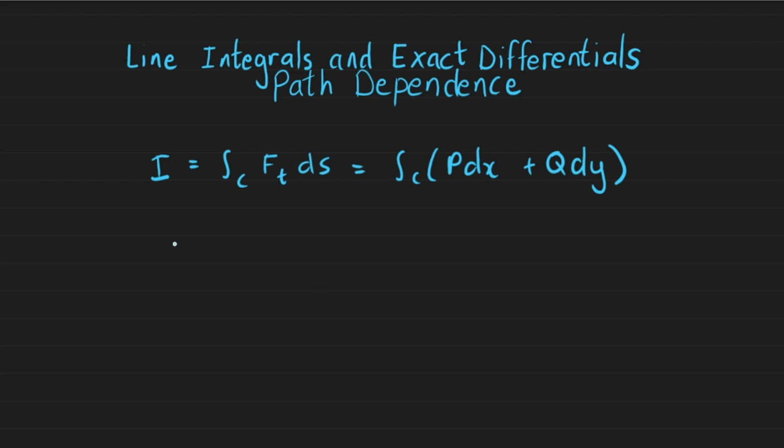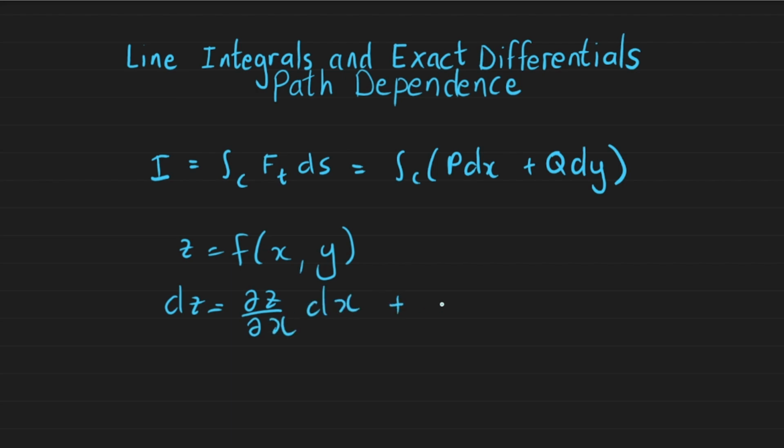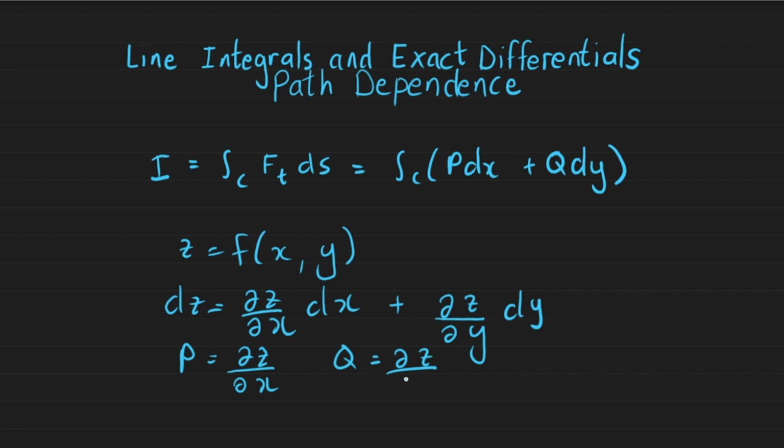If we have some function z being a function of x and y, and then we find the differential of z, we see that it's dz/dx times dx plus dz/dy times dy, and we said that p was equal to dz/dx and q was equal to dz/dy.